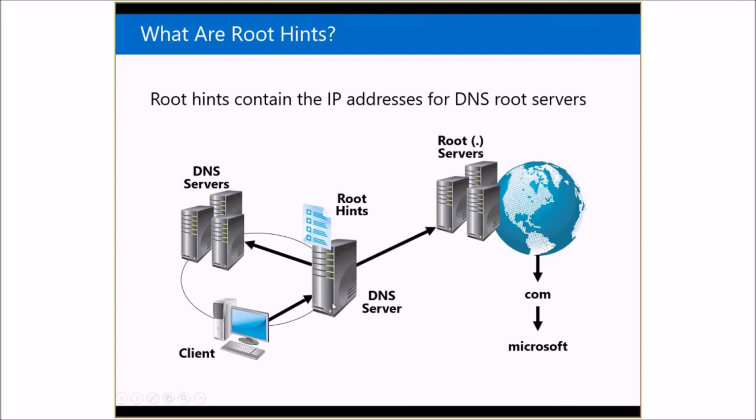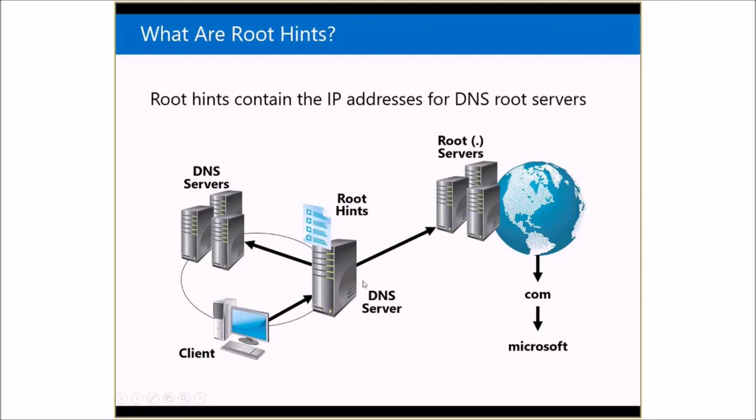In this case, the DNS server doesn't have any forwarders, and it goes through the root servers. It will ask the question of the root servers, do you know www.microsoft.com? And the root server will say, no, I don't know that, but I do know who the .com top level domain DNS server is. Go ask him or her.